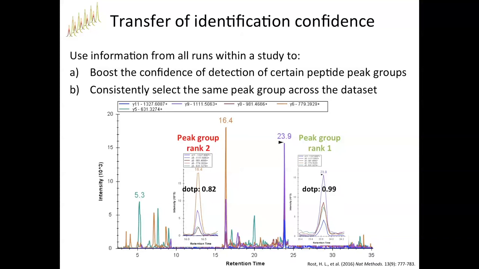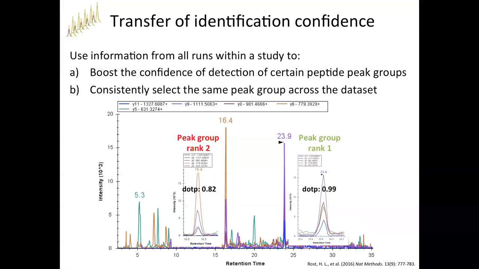The second thing that you can do is you can increase the consistency of the peak selection between your runs. So I think Ludovic already showed an example where you can have multiple different peak groups in your retention time window. So here you have 2 peak groups that look fairly good, and if you look at this one run specifically, you will probably go for this peak group because it has a better Q value.